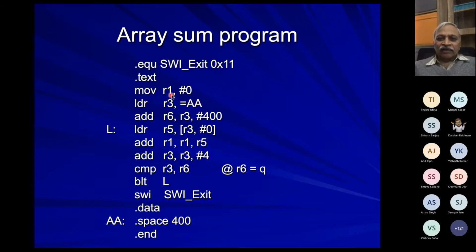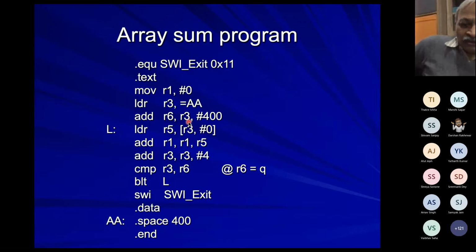You are initializing the running sum to 0, loading the address AA into R3, and the final address, the last address you're going to take, is computed here by adding 400 to R3. So corresponding to 100 elements, each occupying 4 bytes, we have the final address as the initial address plus 400.